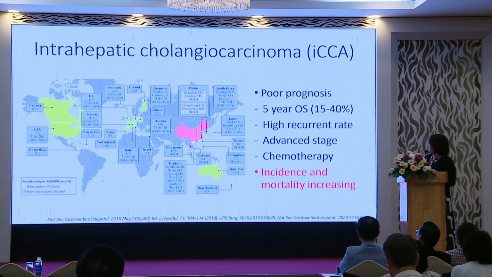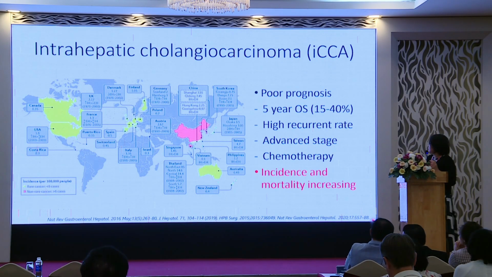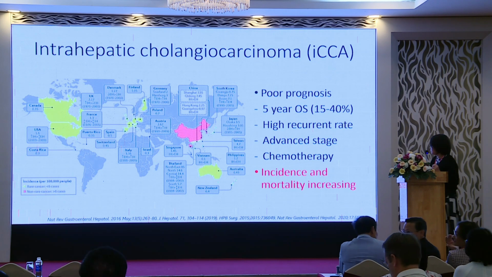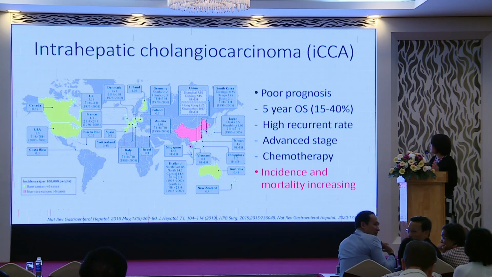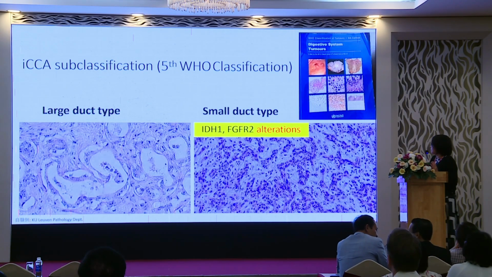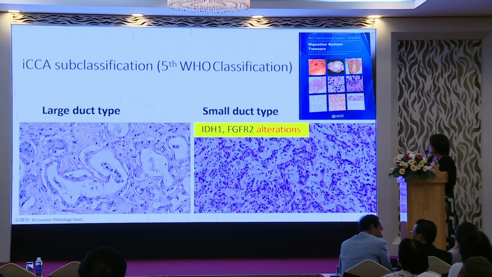It is often diagnosed at an advanced stage, and chemotherapy is not really effective for intrahepatic cholangiocarcinoma. However, the treatment strategy has changed drastically recently because of the achievement of molecular diagnosis.